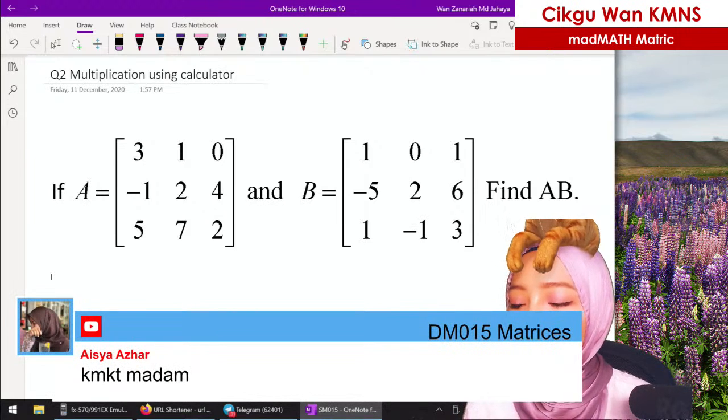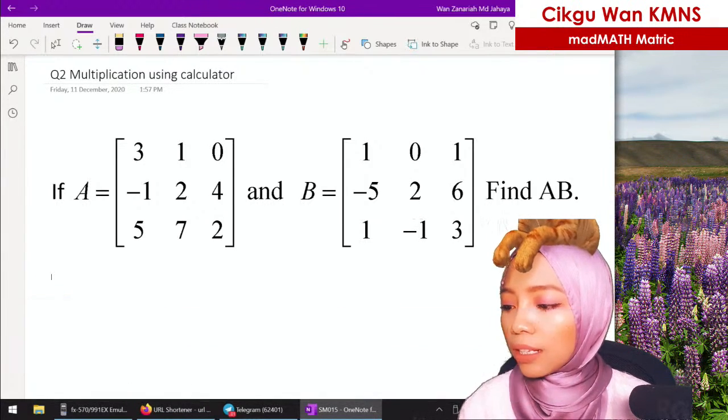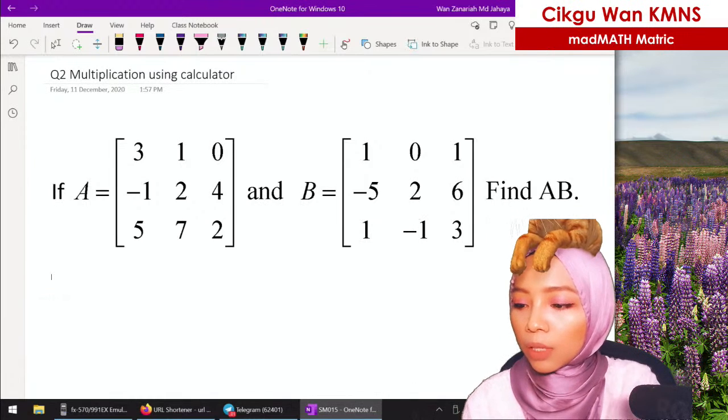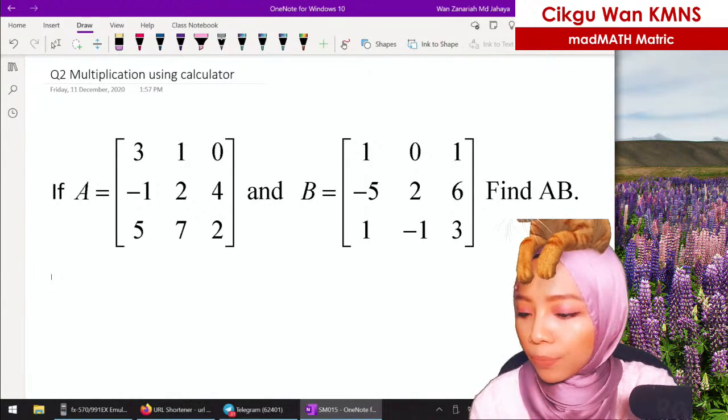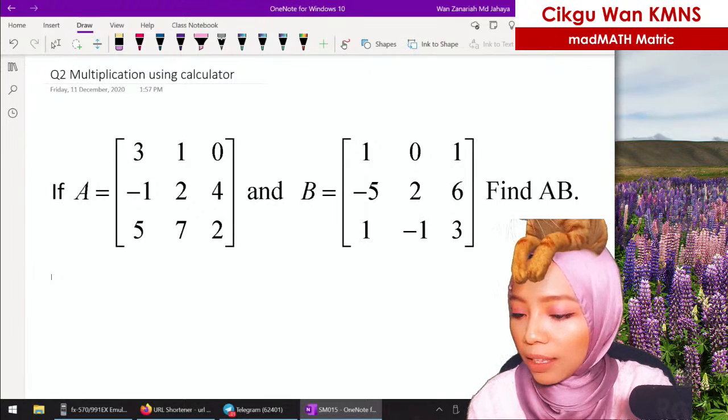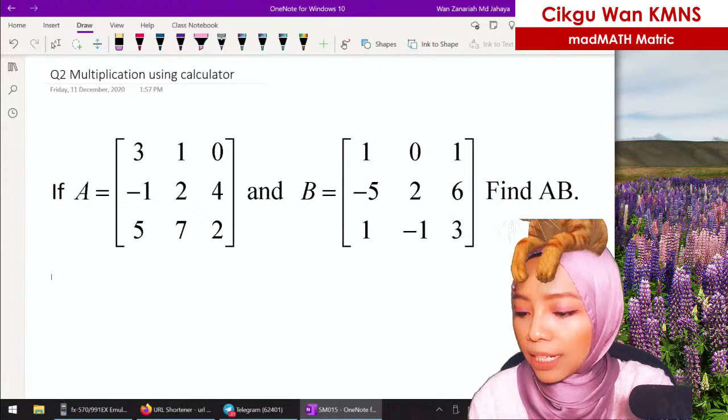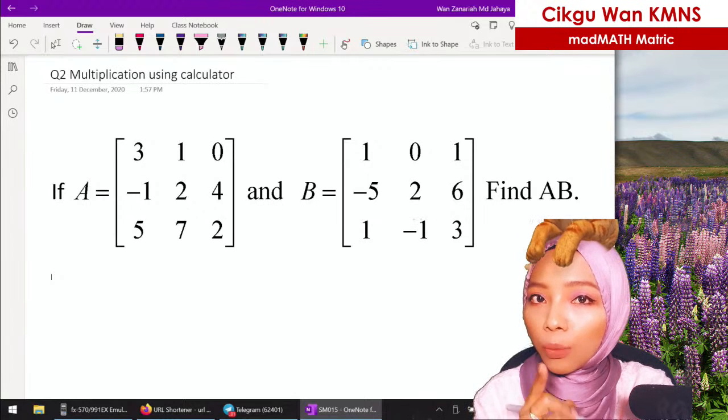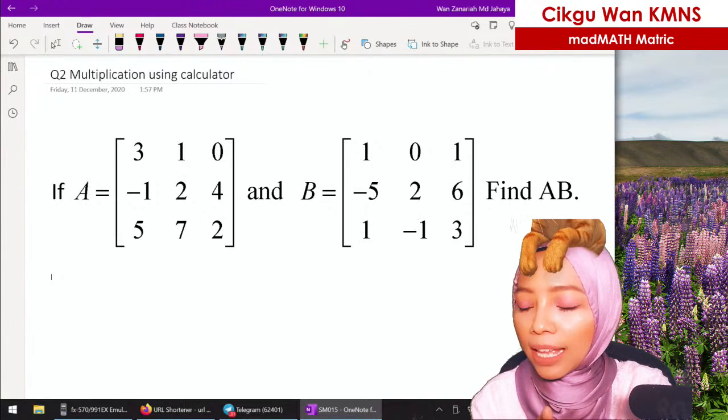Okay, so let's multiply together the first part here. 2 times 1, 2. You can calculate with me. 2 times 1, 2, minus 6 plus 6. That is for the element 1, 1.